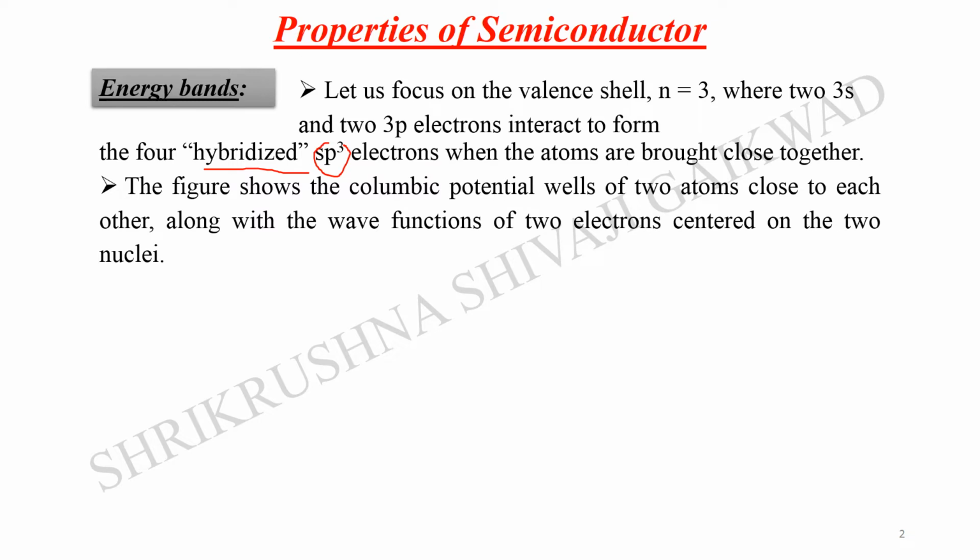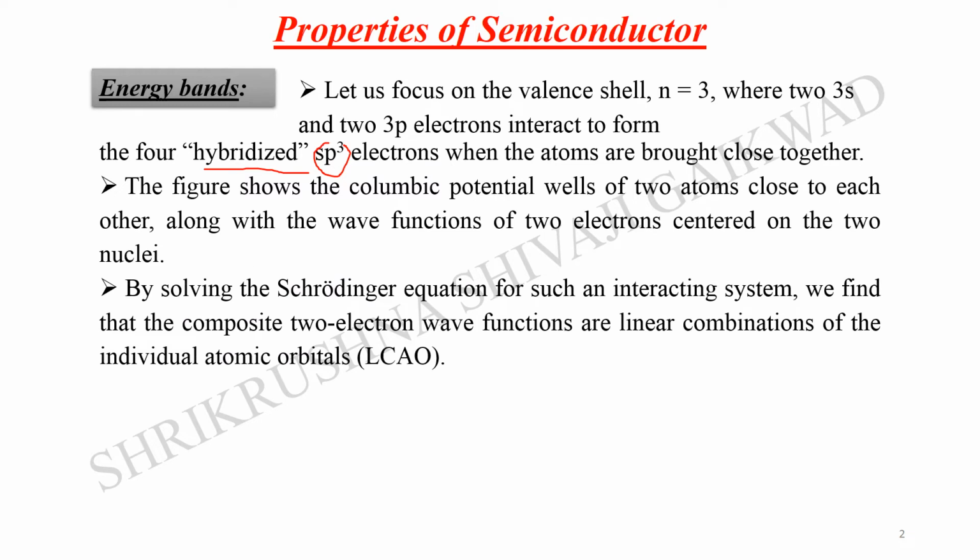wells of the two atoms close to each other, along with the wave functions of the two electrons centered on the two nuclei. If we know this Coulombic potential, we can try to solve the Schrodinger equation for it and find the wave function corresponding to such an interacting system.